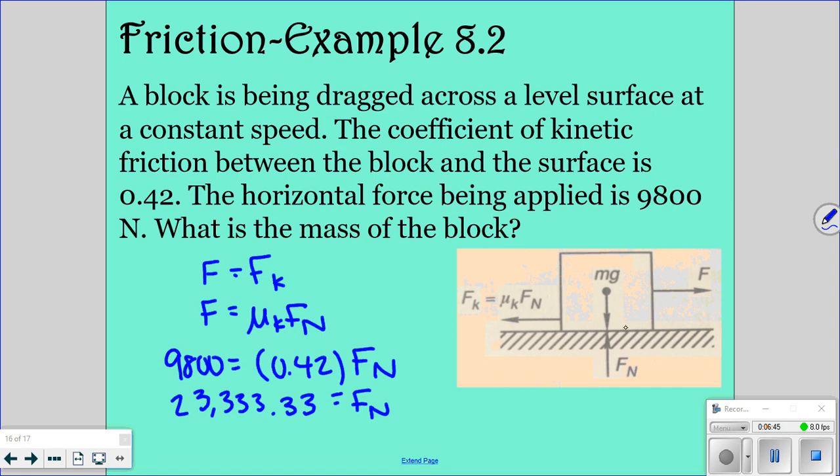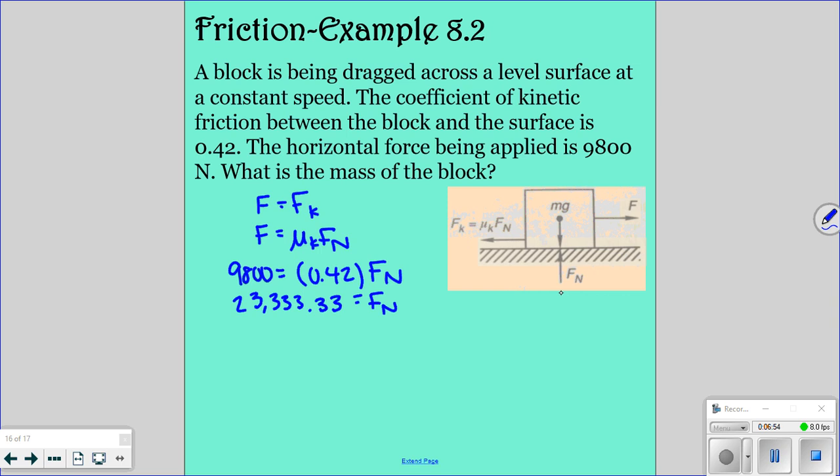However, they want to know what is the mass. Well, if you look, F sub n and the m times g are going to be balancing out. F sub n has to equal mg. So our F sub n is 23,333.33 repeating. We don't know the mass, and our gravity is always 9.81.